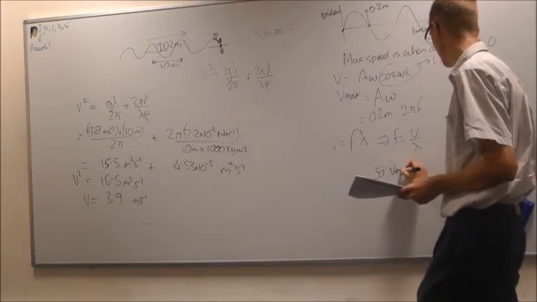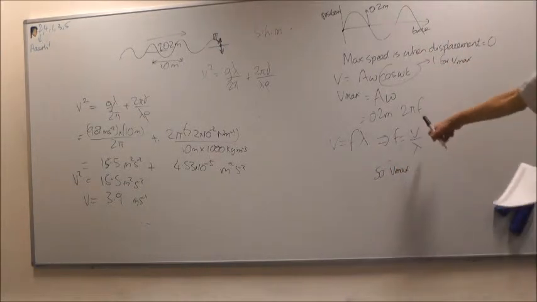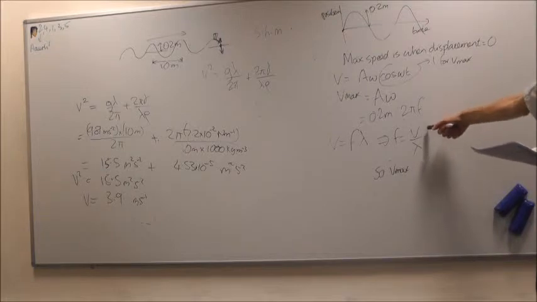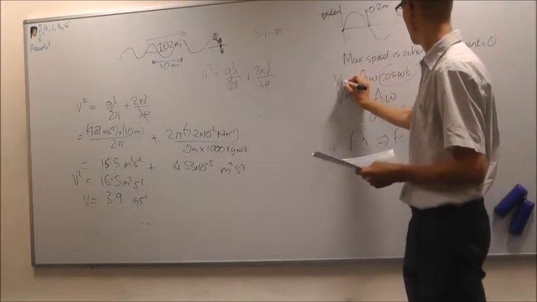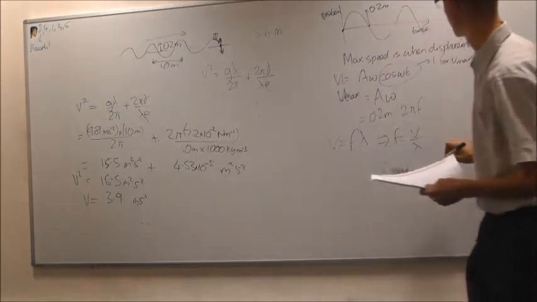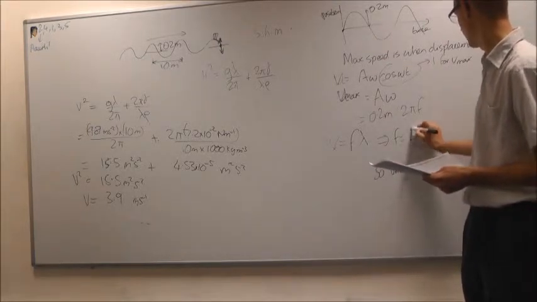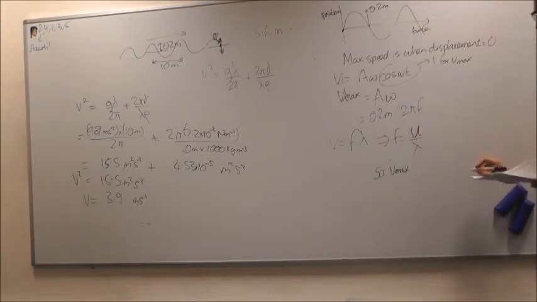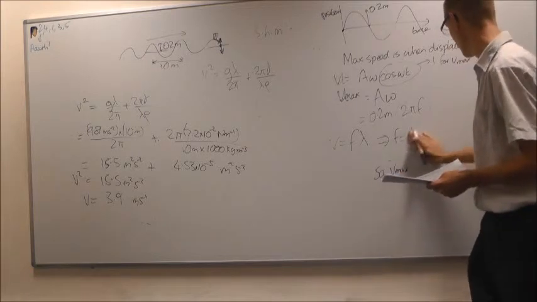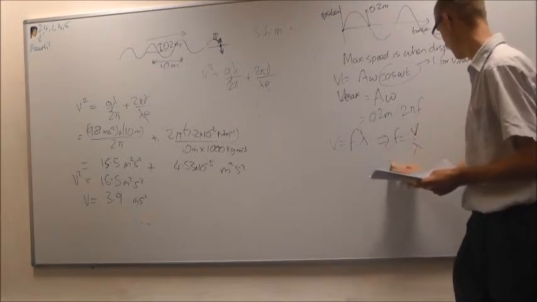So V max, probably shouldn't confuse that with V. I should call that U, perhaps, the velocity of the cork. So again, that's a notation thing to bear in mind. Now that is a V for the wave.